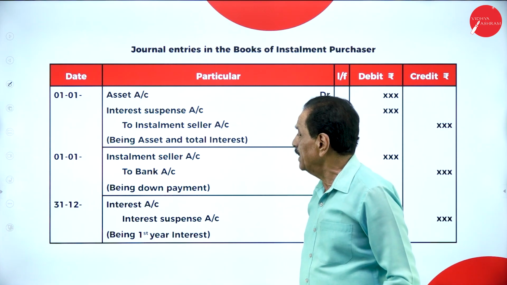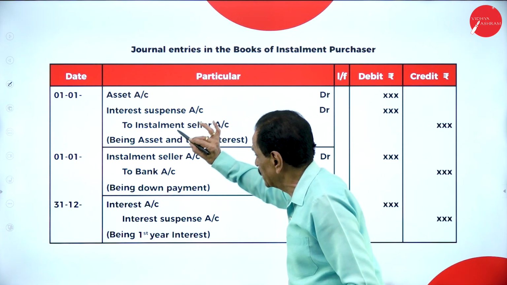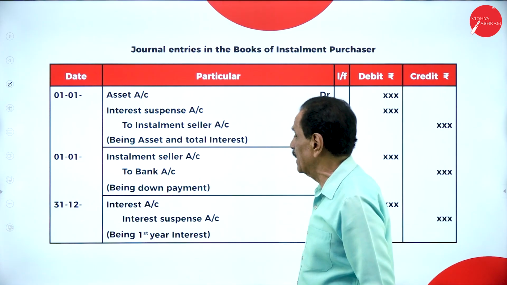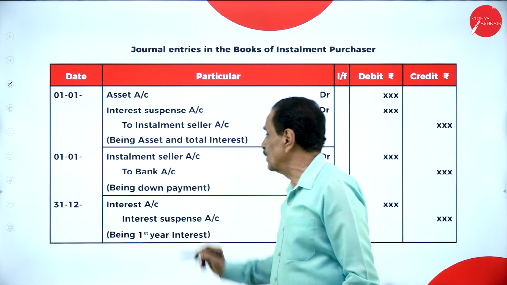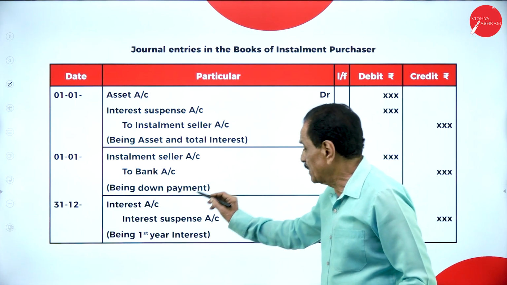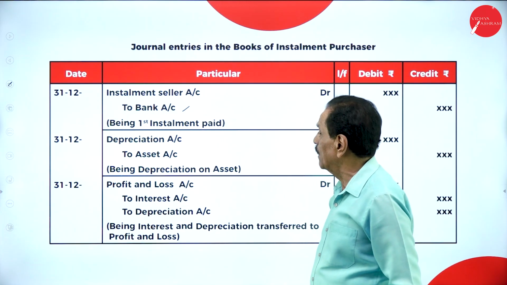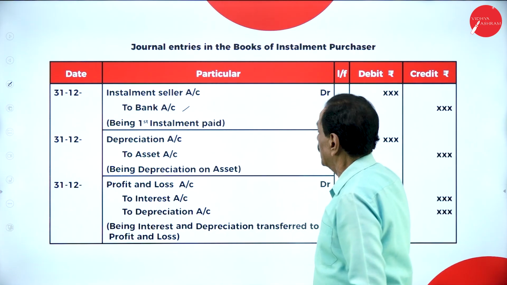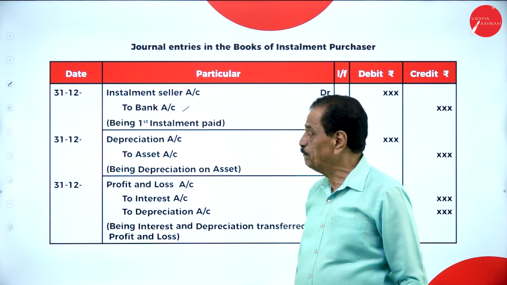This entry was already covered. Asset account debit, interest suspense account debit to installment seller account. Installment seller account debit to bank account, interest account debit to interest suspense account, installment seller account debit to bank account, being first installment paid.